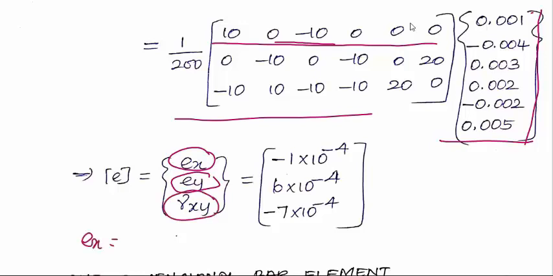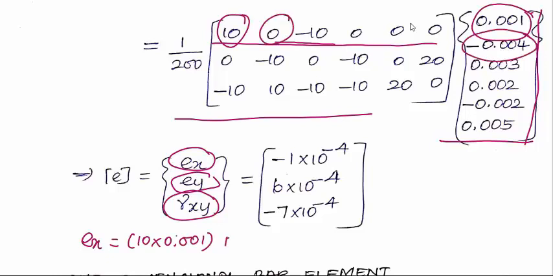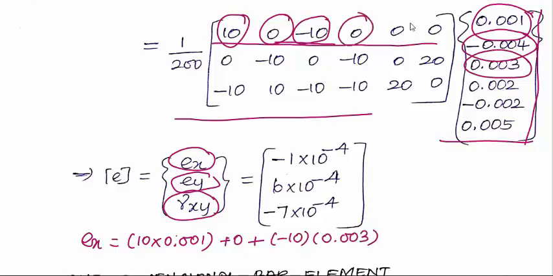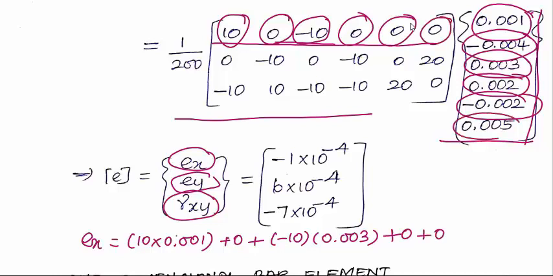Ex is equal to 10 into the first element 0.001, plus 0 into the second element, so 0 into any number is 0, plus minus 10 into the third element, so minus 10 into 0.003, fourth element is 0 into 0.002 is 0, fifth element 0 into minus 0.002 is 0, sixth element 0 into 0.005 is 0.